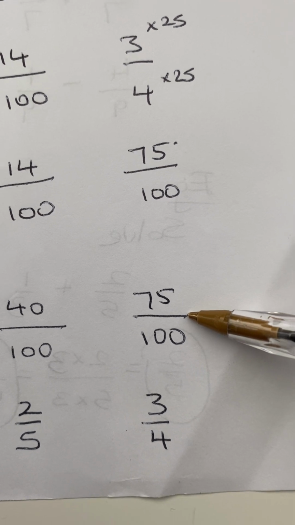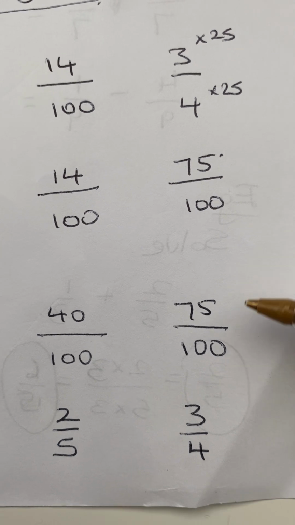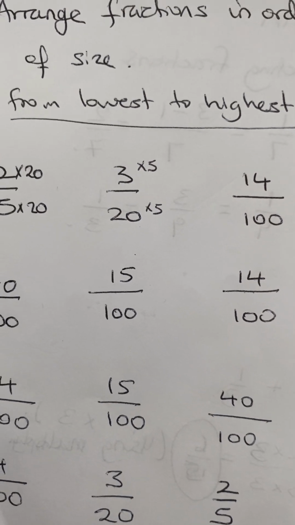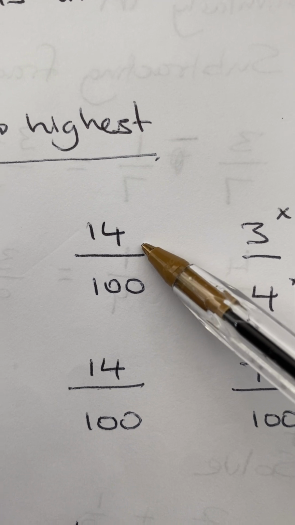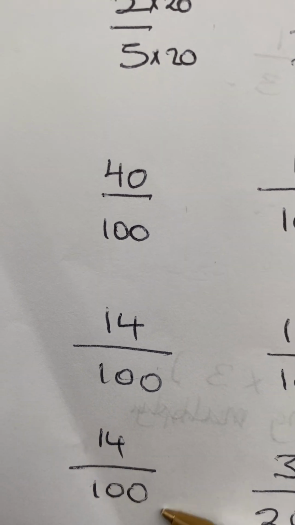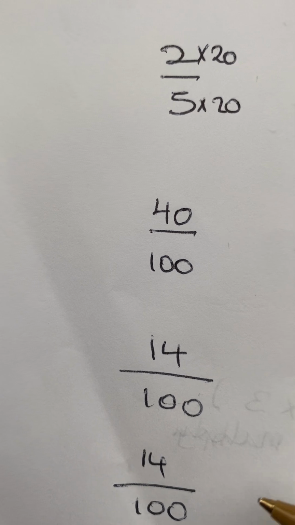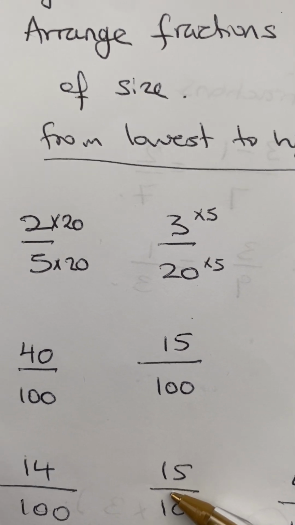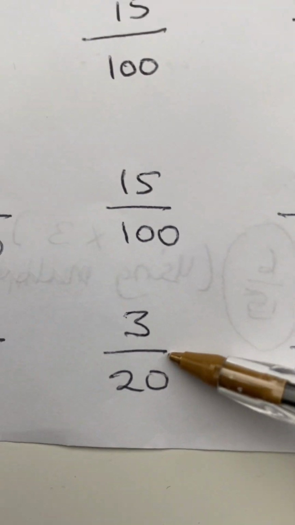But now that we know which is the largest, we go back and write them as they were in the question, in the lowest form. So our first fraction, with the lowest value, is 14 over 100. Then the next one is 15 over 100, which is from 3 over 20.